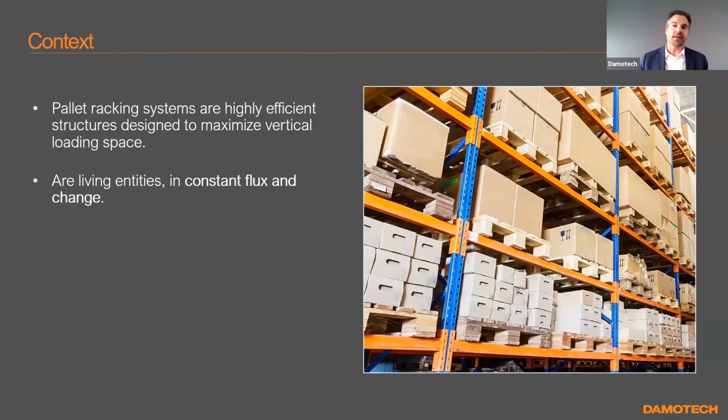The reality, and the way we view racking here at Damotech, is that we see racking as a living entity. It's always going through a constant flux of change. What I mean by that is that through the course of time, through years, a racking system as it was originally installed will evolve over time. You're going to see the evolvement from the typical dents and scratches, and of course the damages.